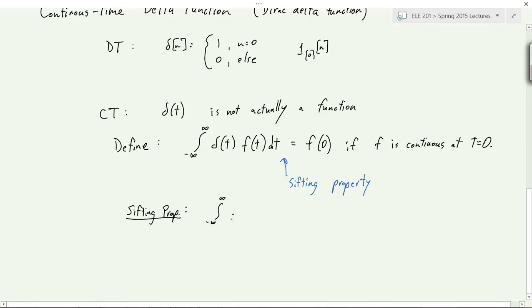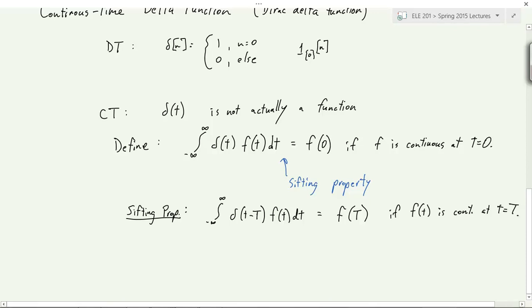We say the integral of delta of t minus cap T times f of t dt is the value of f at cap T, if f of t is continuous at t equals cap T. Okay.